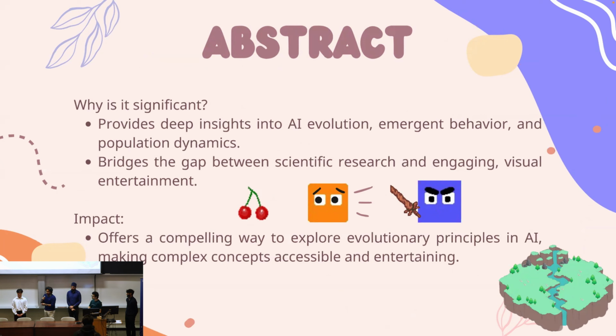We just keep the best of the best, and then we add slight mutations. This helps us model real-life scenarios, like how does violence come about? How does altruism come about?